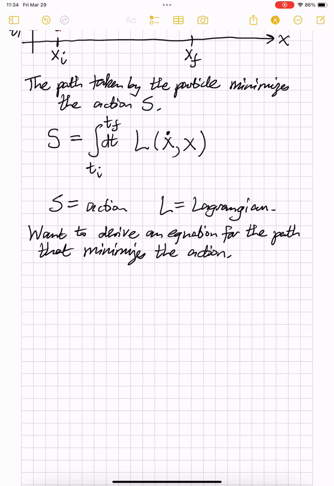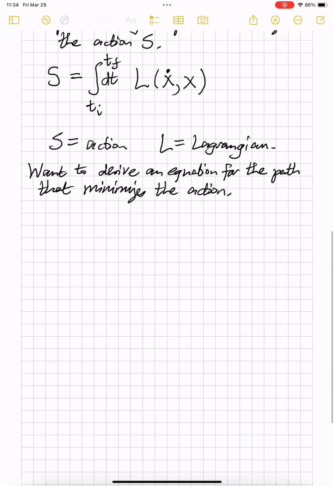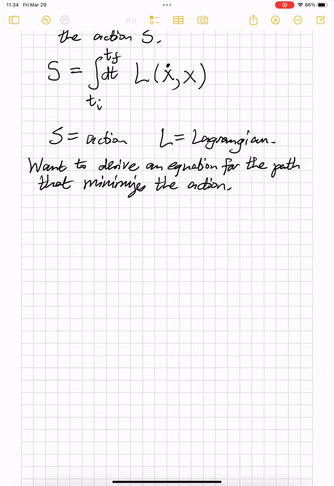So what equation can we derive for a path that minimizes the action? Now, to motivate our approach, I want to remind you of something very simple, but I want you to have this very clearly in your head, okay?